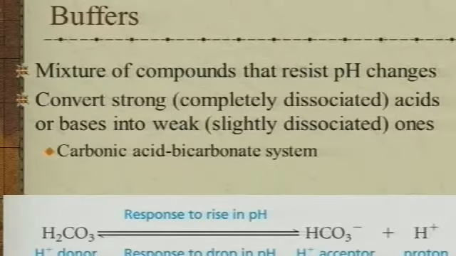Just understand that the carbonic acid bicarbonate system is a buffer system that exists in the blood that will help to resist pH changes. It can move to carbonic acid, which is a weak acid, or it can dissociate and release those hydrogen ions and move to bicarbonate on the right.